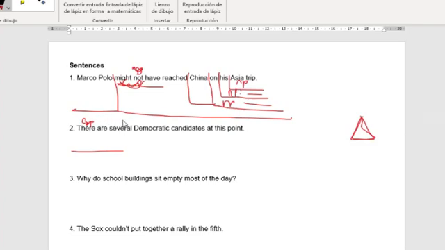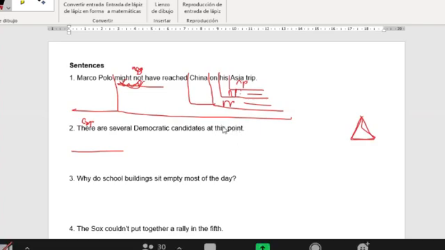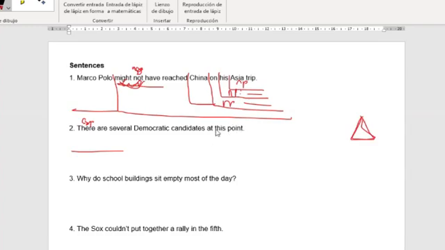Several, what about the figures of speech? Several is pre-article. Democratic, adjective. Candidates, noun. At, preposition. This, demonstrative. Point, noun.